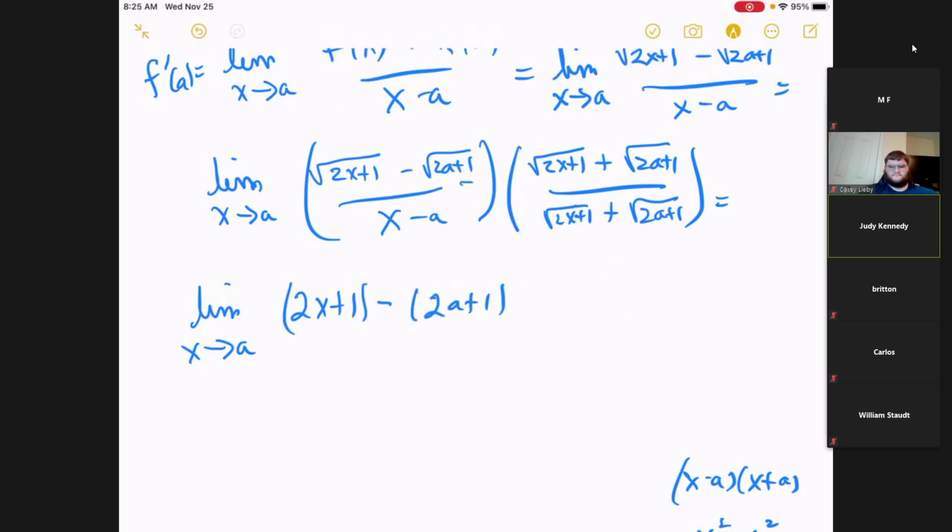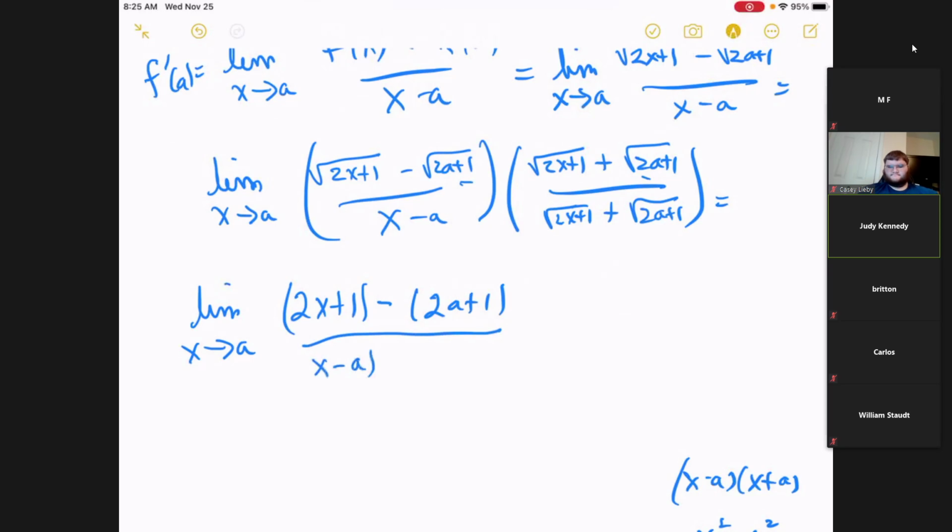That's this times that. There is no middle term because you got plus square root of 2a plus 1 times square root of 2x plus 1, and also a minus square root of 2a plus 1 times square root of 2x plus 1. The middle term adds out. So I've eliminated the square root in the numerator.